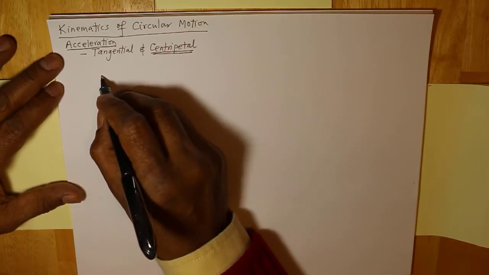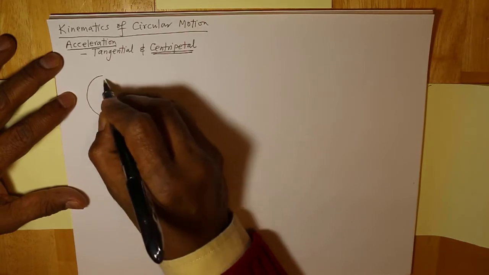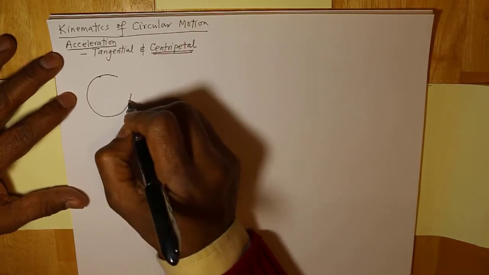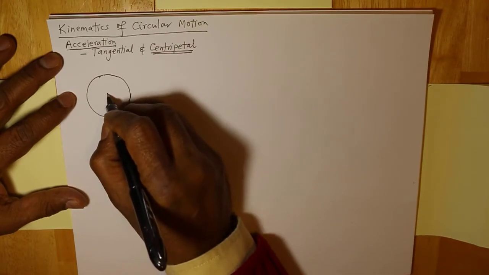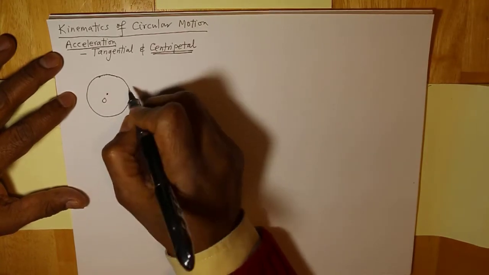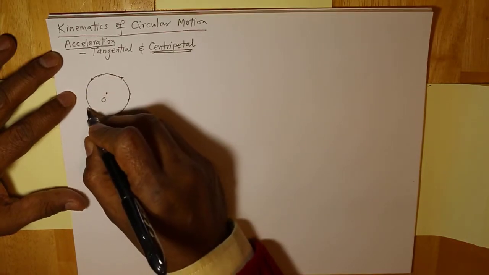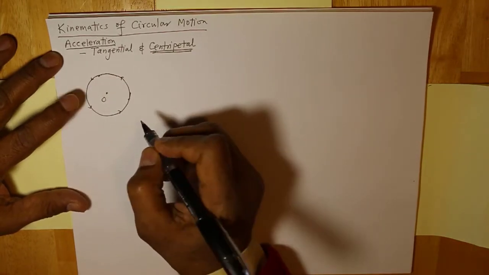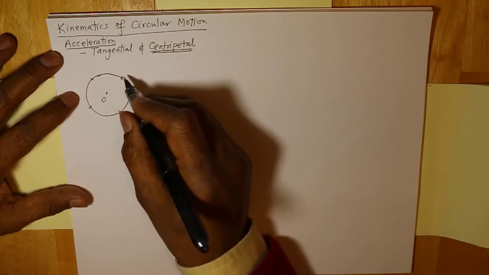Okay, so let's look at something that's going in a circle, because we're talking about circular motion. And so there's a center, and maybe this is going counterclockwise. It's going in this way, and it's going at a uniform speed.